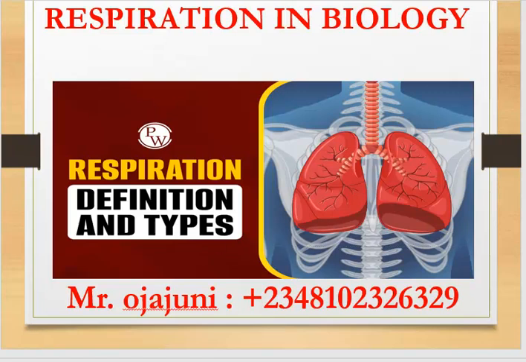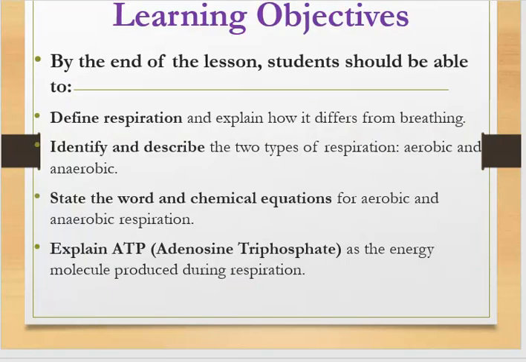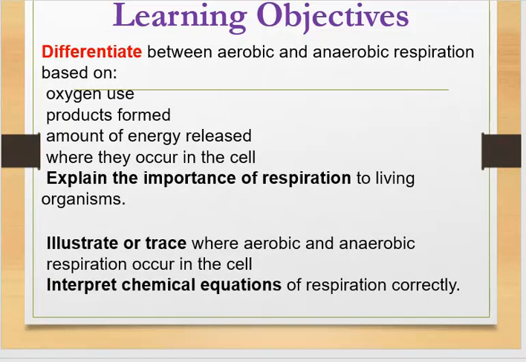Now let's recap. Respiration in biology, the learning objectives. If you check very well now, all the learning objectives have been met: the definition, what makes it different from breathing, identify and describe, state the word and chemical equation, explain ATP, and the rest.